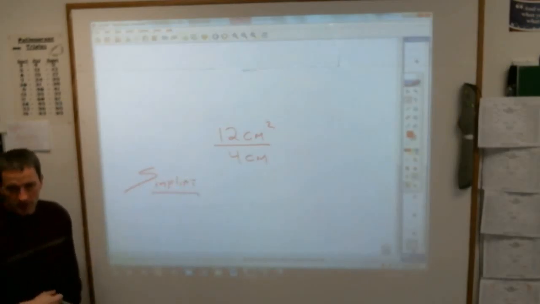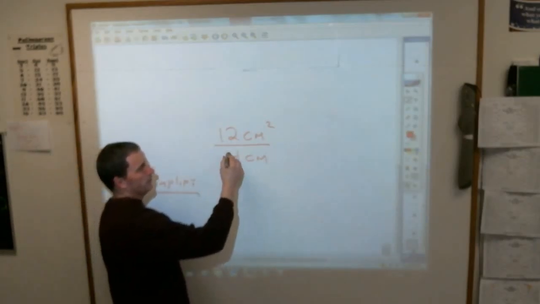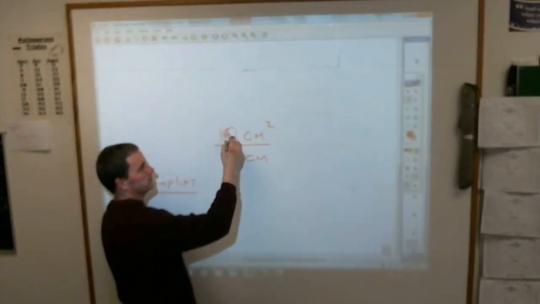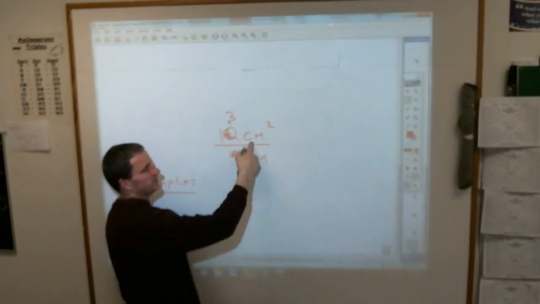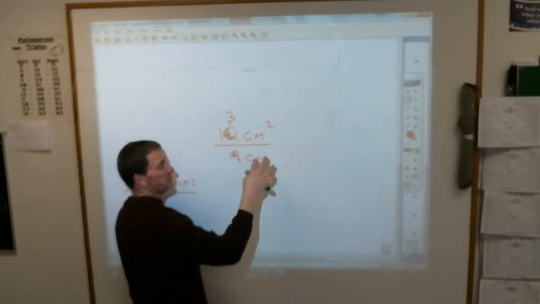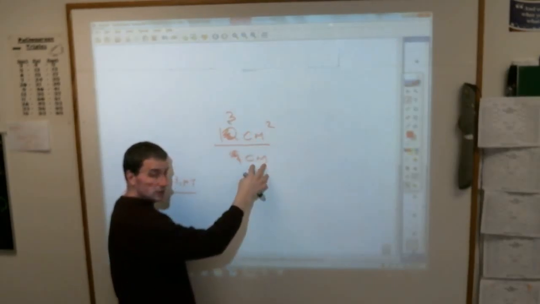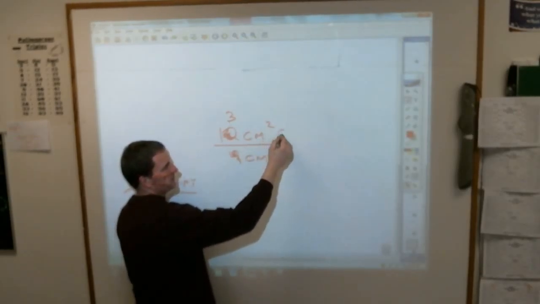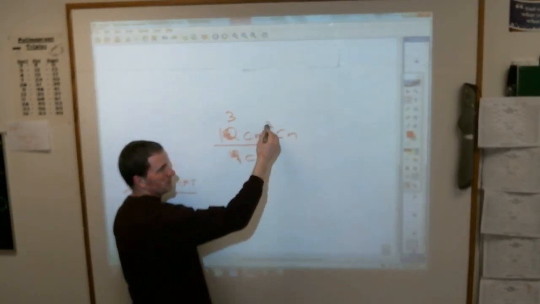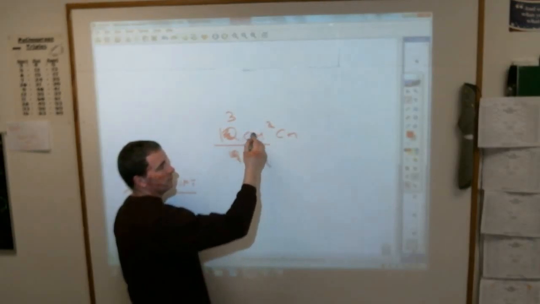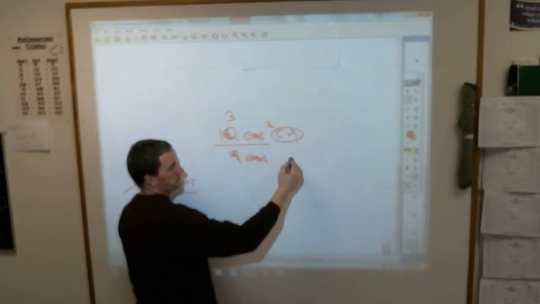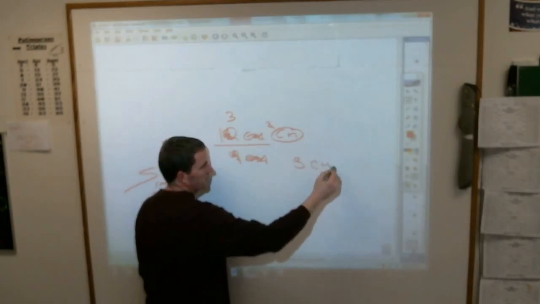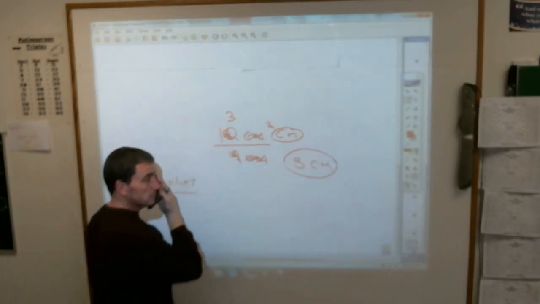The number part is easy. 4 goes into 12 how many times? 3 times. What happens to these labels? This is centimeters squared. That's centimeters. Well, you have to remember this written out is actually centimeters times centimeters. So you can cross one of them with one of them, but you're still left with one. So your answer is 3 centimeters.